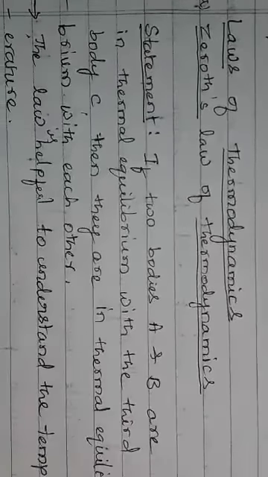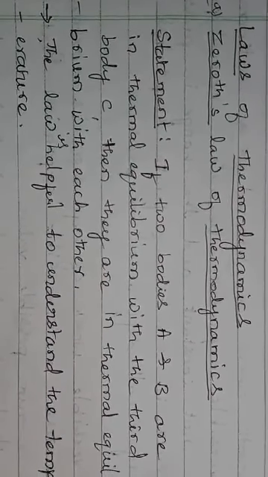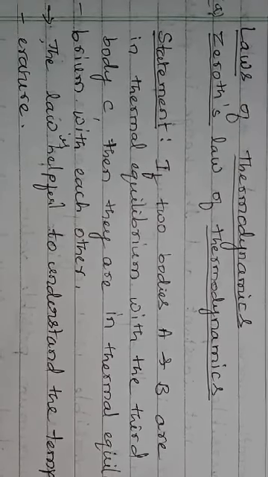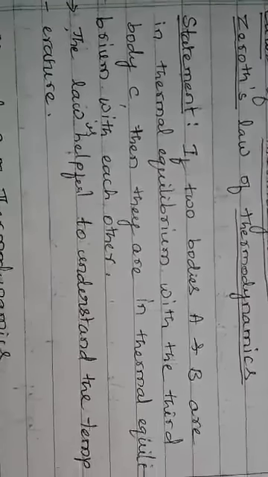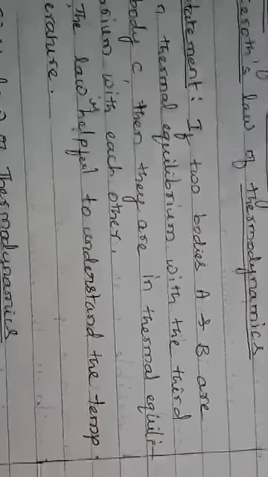Okay, after this let us know some laws of thermodynamics. The first one is the zeroth law of thermodynamics. The zeroth law explains thermal equilibrium, and it helps us understand temperature. What is temperature?